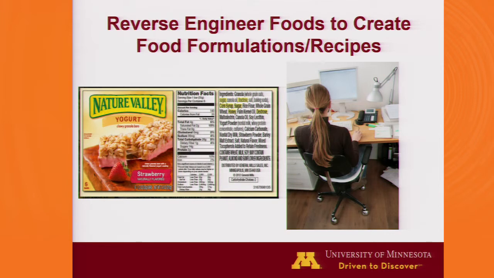If you look at a food label, the ingredients are listed in descending order of content in the product. So the ingredients at the top of the label are more than at the bottom of the label. So we keep that in mind.